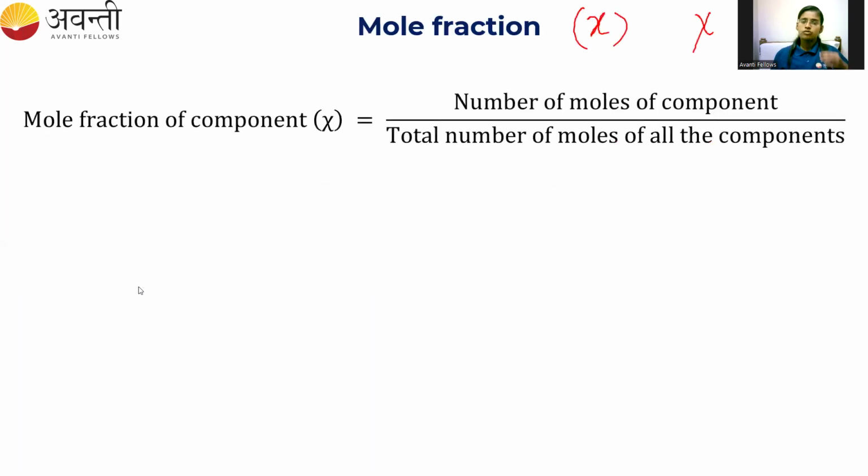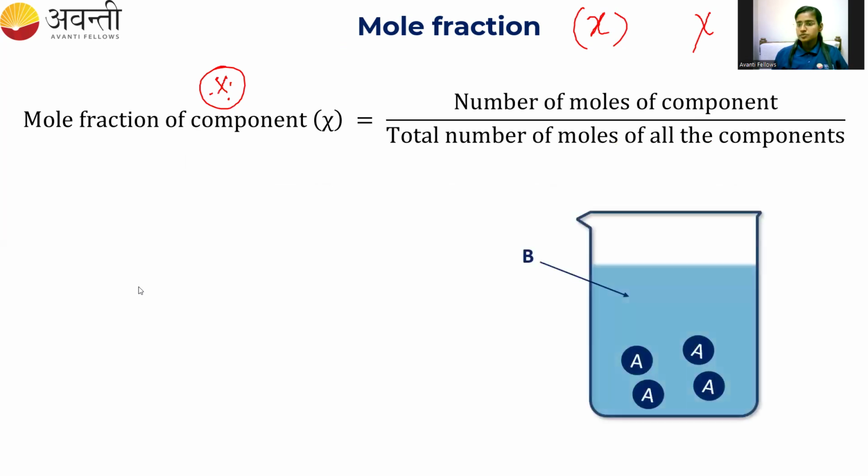Yeah, now coming to the mole fraction. What is the meaning? This is an important formula which we will be using in many concepts. So let me take a picture. Let me take a beaker. I have A component and also I have B. So for the component A, I can find out the number of moles of A present inside the solution.